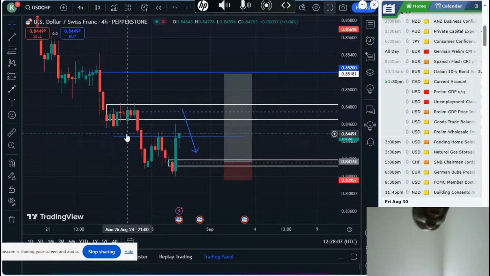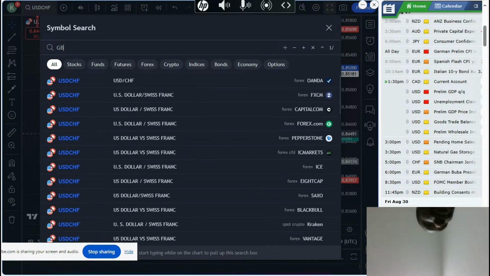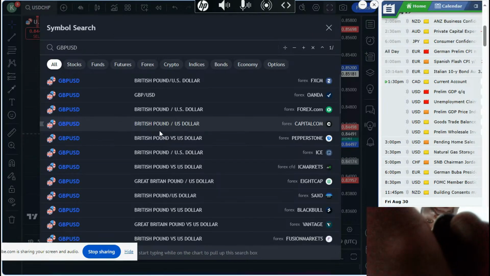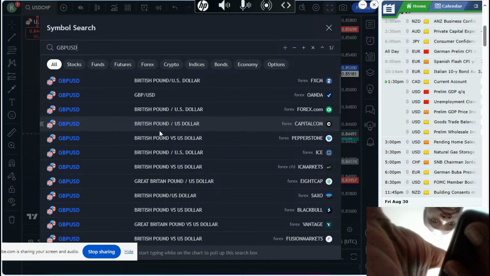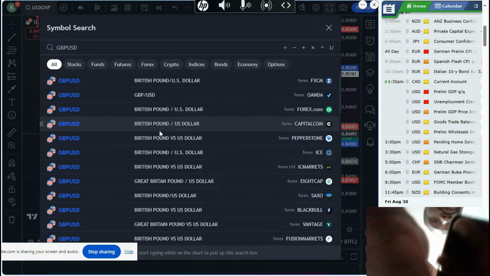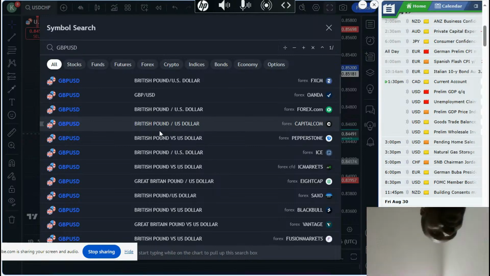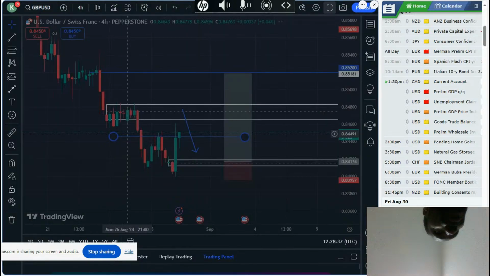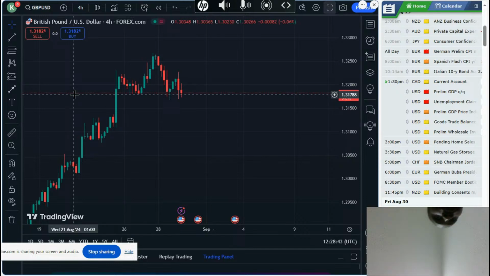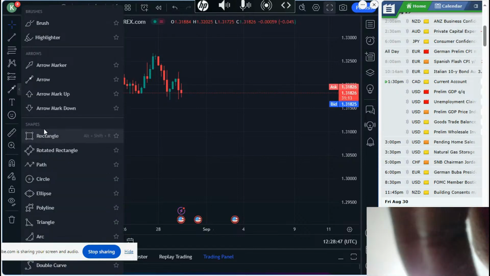So let me quickly look at the GBP USD. I'm looking at the GBP on my support, meaning the news might actually sell.